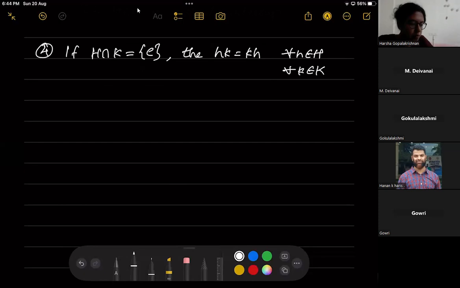Okay, so here it is given that H intersection K contains only the identity element, and we need to prove hk equals kh. So I will start with h k h inverse k inverse.